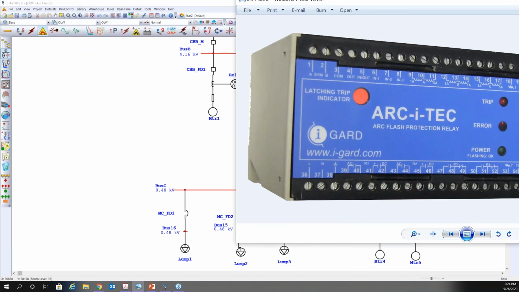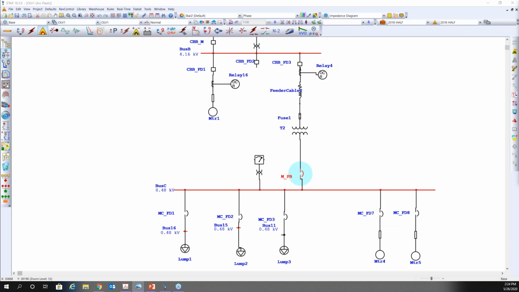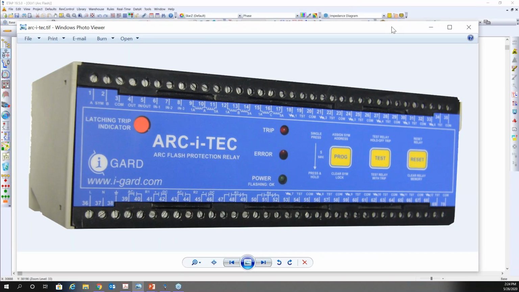So again here, we can put in our arc flash relay. You can see that we have 12 inputs that we can put in. We can interlock it with current and pressure, or have light only.